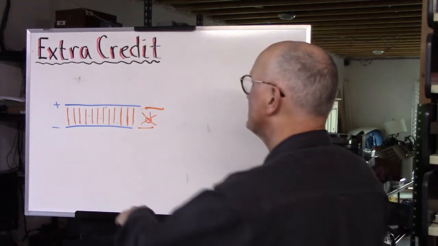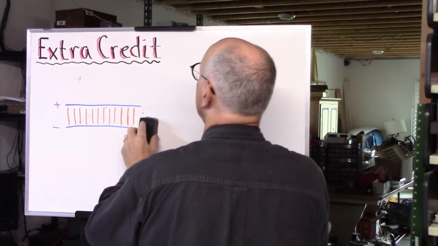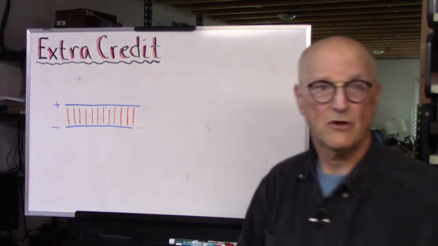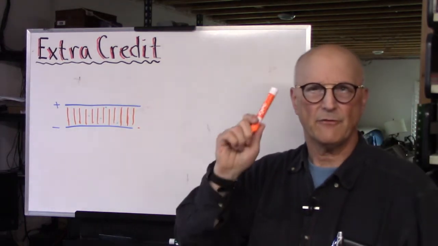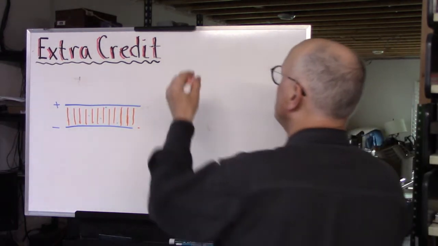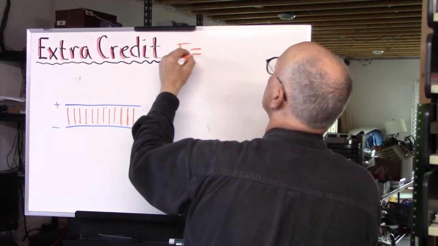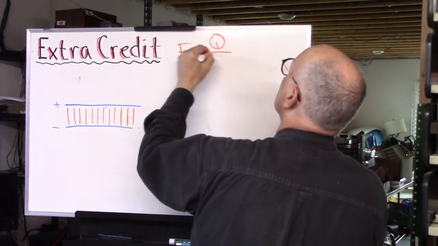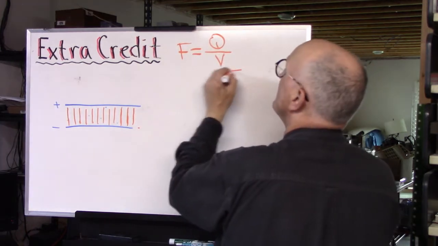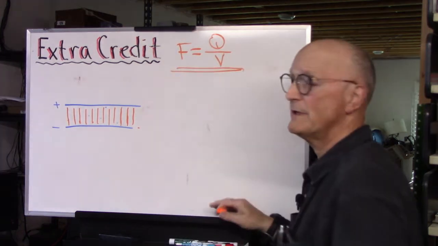Now, let's apply this principle to the idea of our capacitor. Now remember, what is capacitance? Capacitance in farads is equal to charge per volt. I told you this is really important for us to remember.